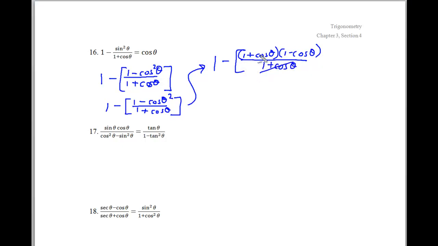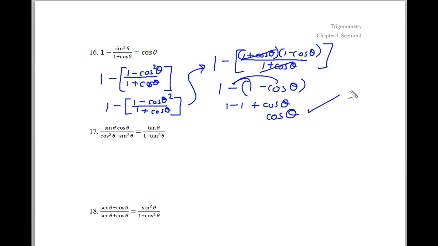Now what's cool about this is we can simplify those two because they divide and make 1. Now I have 1 minus this 1 minus cosine theta, and if I distribute the negative inside there, I get 1 minus 1, which is 0, plus cosine theta. So my answer is cosine theta, and I've now established that identity. Pretty clever trick.